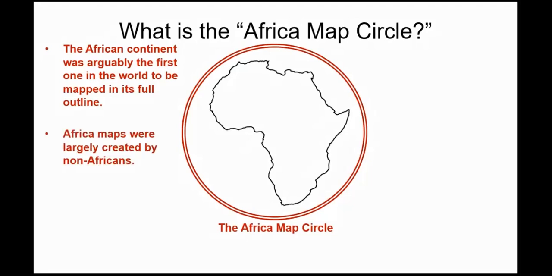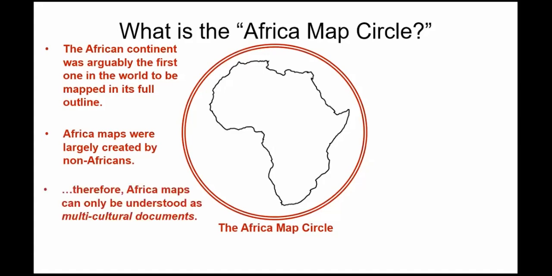But Africa maps were made largely and created by non-Africans. Now, this is an interesting anomaly. The first continent, you could call it that, to be fully encircled and mapped, but mapped by those who weren't from the continent by and large. Therefore, Africa maps can only be understood as multicultural documents from the beginning.